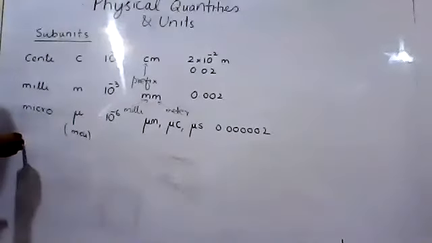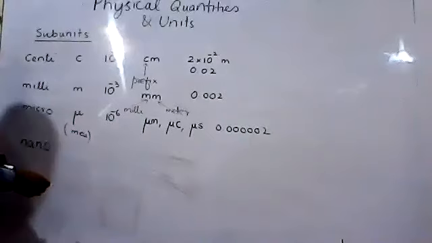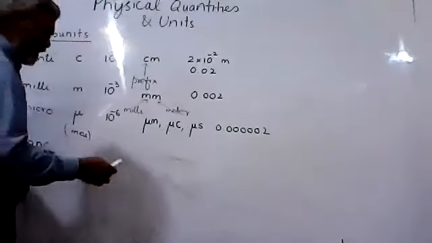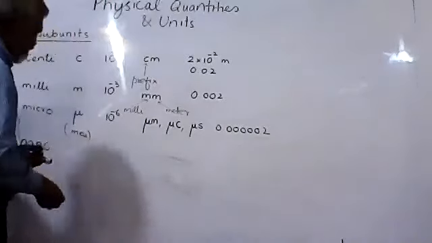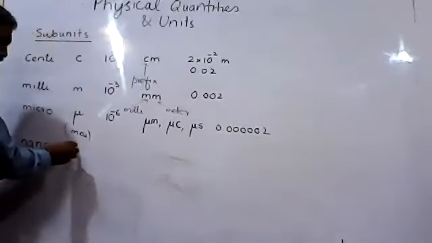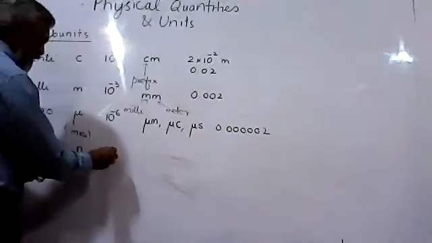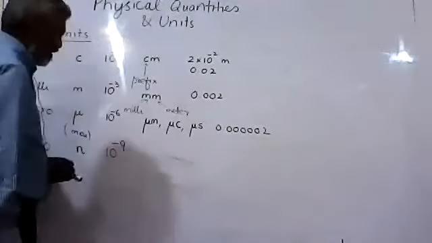The next one is nano, and this is 1/1000th part of the unit in which some quantity is being measured. Nano is written as small n, and it is 10 raised power minus 9.